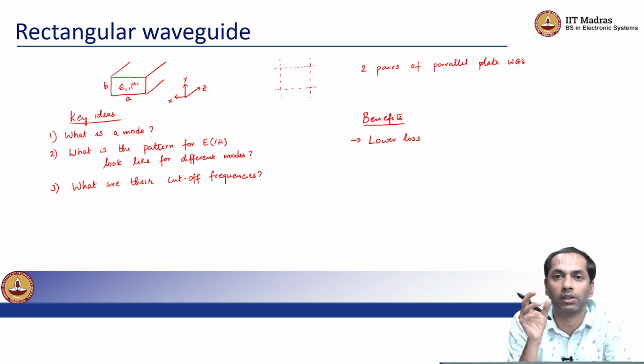So we normally notice that transmission lines based off of two conductors, two independent conductors, has a tendency to show higher losses at higher frequencies, right, due to the skin effect.